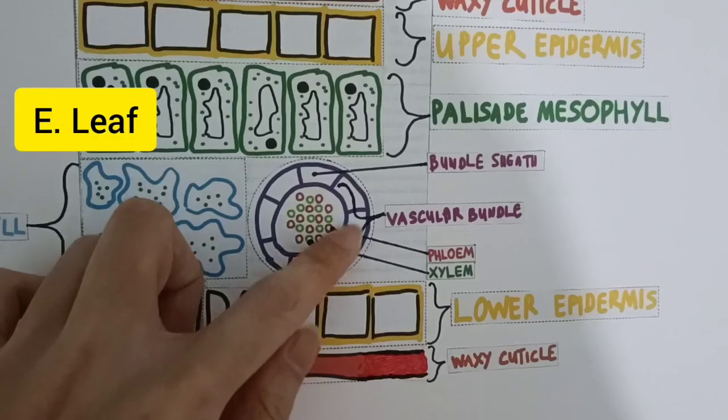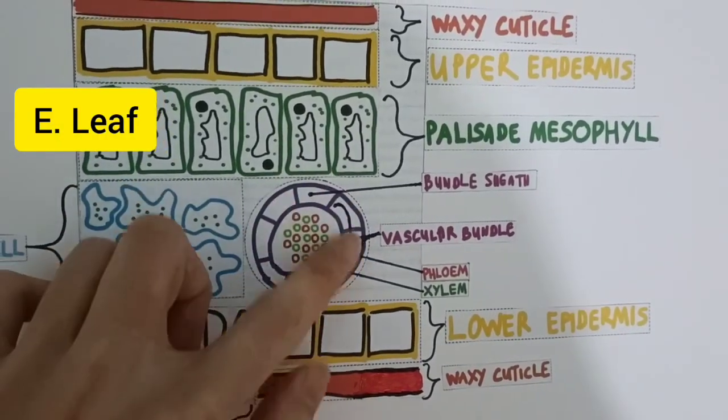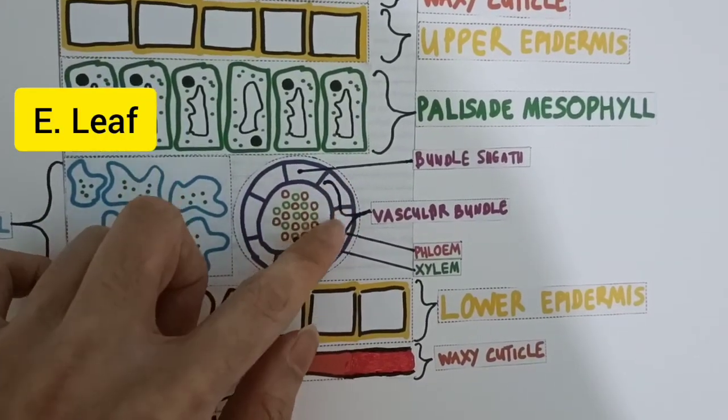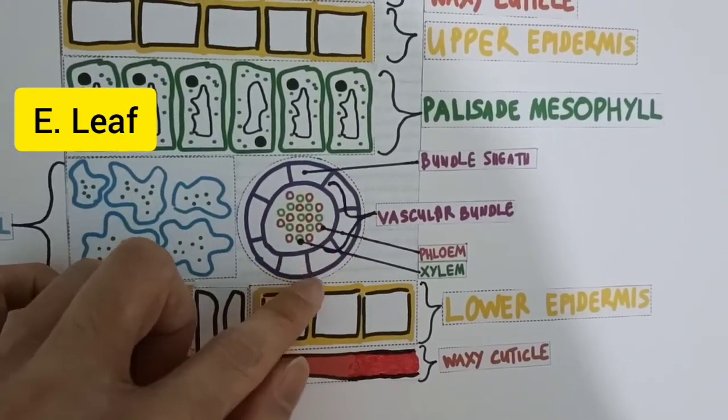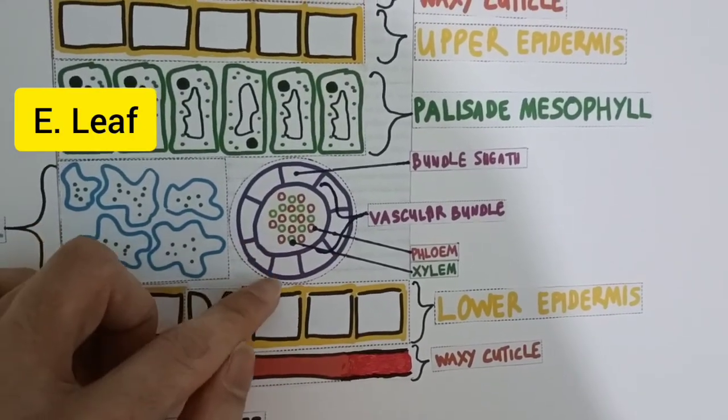The vascular bundle is surrounded by a layer of bundle sheath cells. Each single unit here represents a bundle sheath cell: one bundle sheath cell, two, three, and so on.